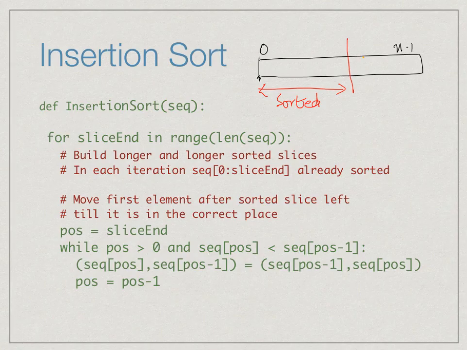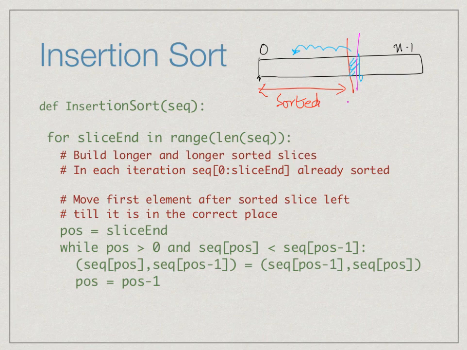And now what I will do is I will pick up the next element here and I will move it left until I find the correct place to put it, so that now the sorted thing extends to this level. Right? So we take a sorted sequence of length i and we extend it to a sorted sequence of length i plus 1 by inserting the i plus 1 element in the correct place.